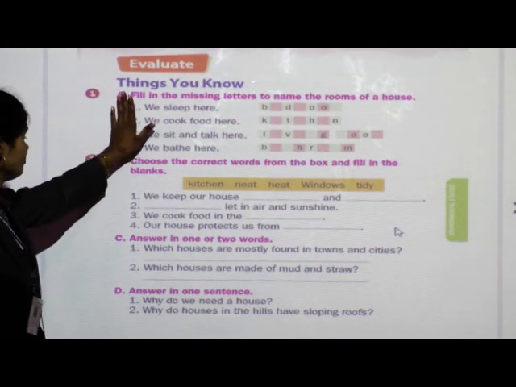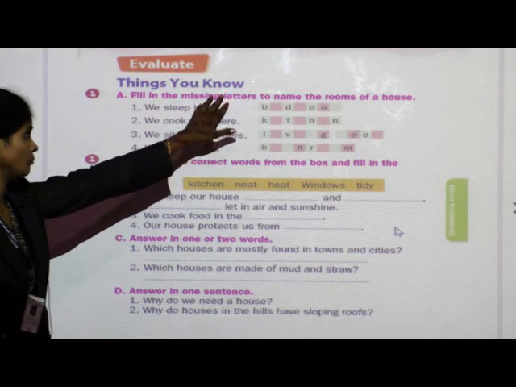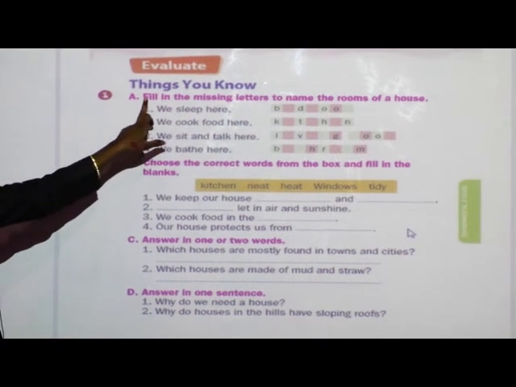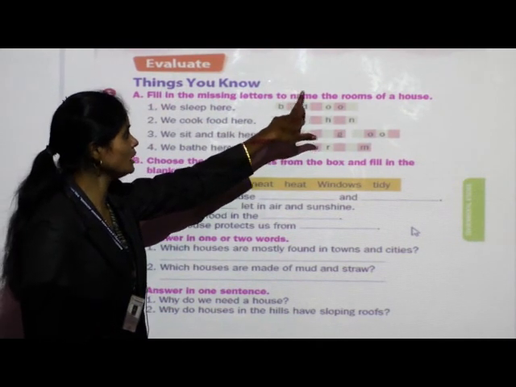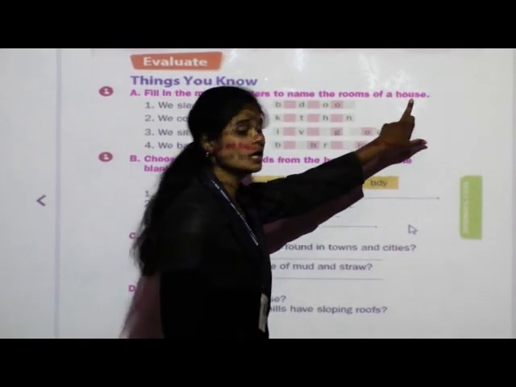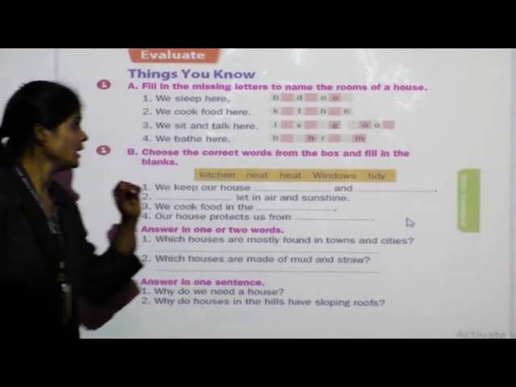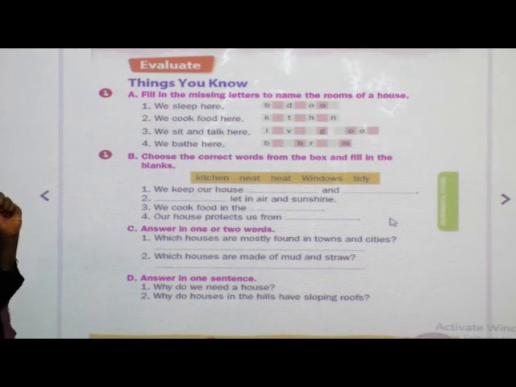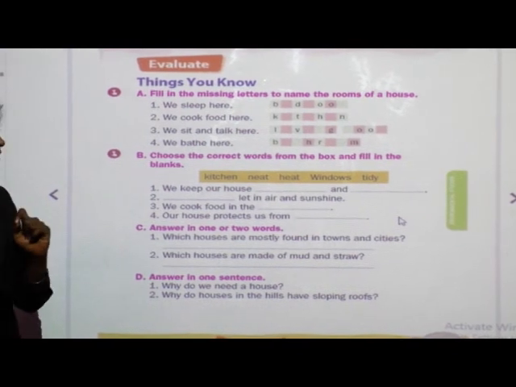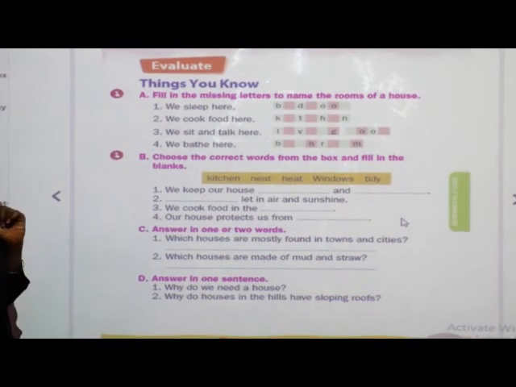Okay, see, things you know. Question A. Fill in the missing letters to name the rooms of a house. Here some letters are missing. We have to write the correct letter to get the correct answer.